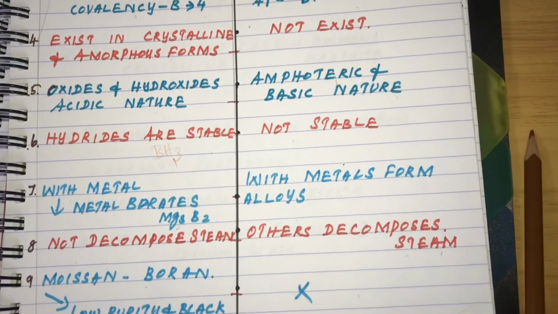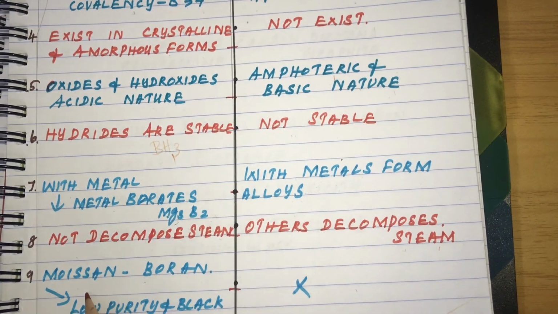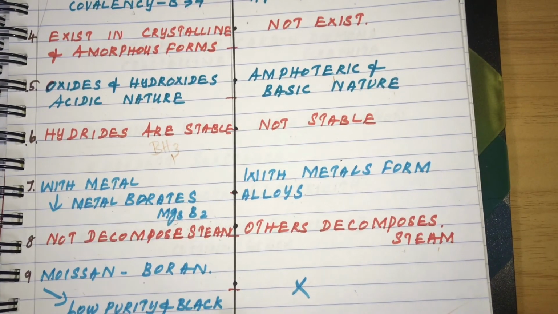The other form of boron is moissan boron, of low purity and black in color, which is not available in the case of other elements. So these are all the properties in which boron differs from its own group elements. This is called the anomalous behavior of boron.